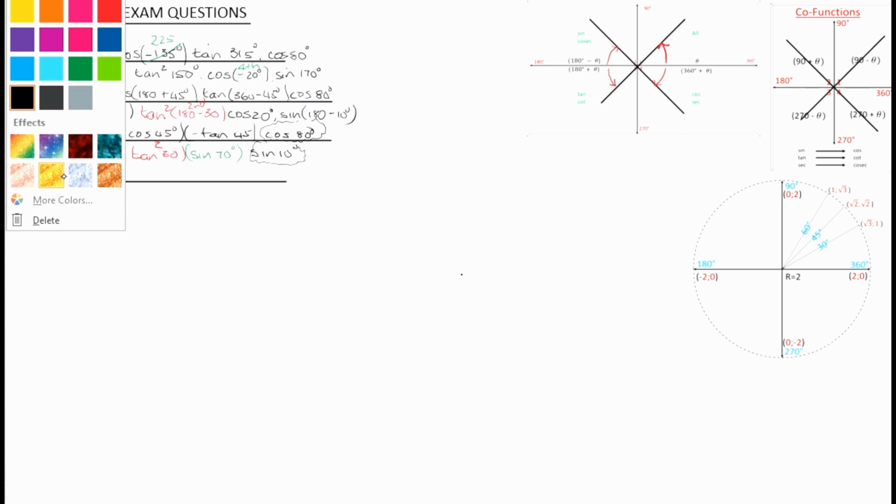Right, carrying on. We have sine of 70, and then negative cos of 45 is negative root 2 on 2. Negative tan of 45 is negative 1 on root 3 with cos of 80.